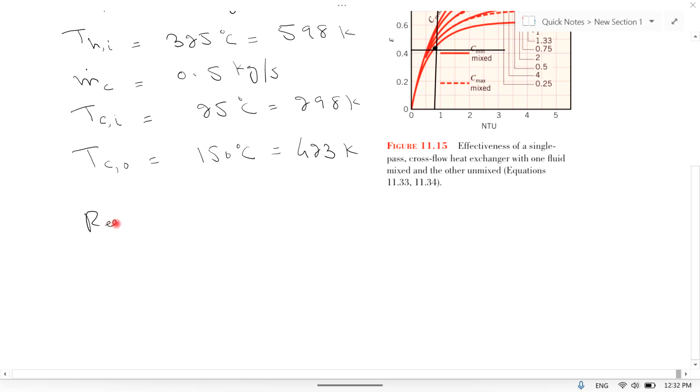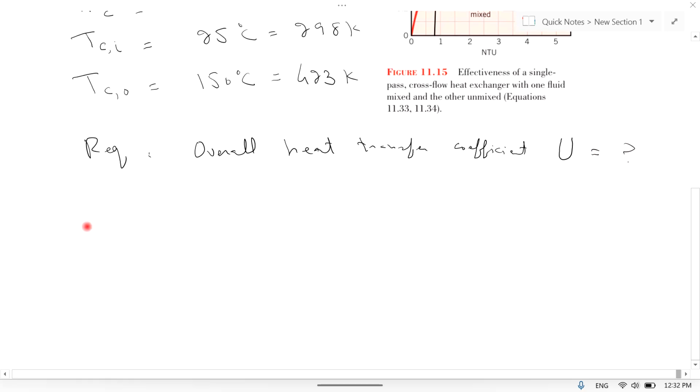So required is to find the overall heat transfer coefficient, denoted by capital U. This is required.